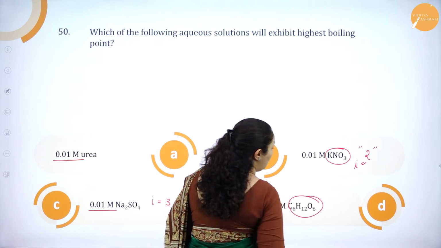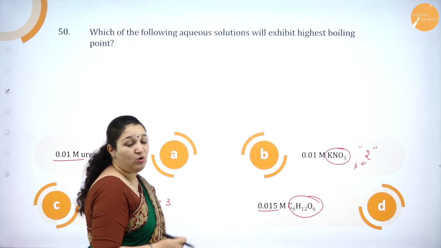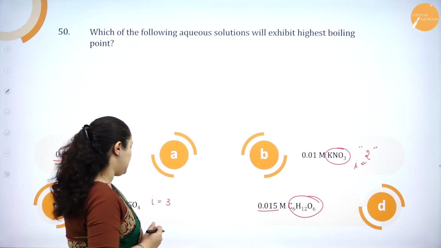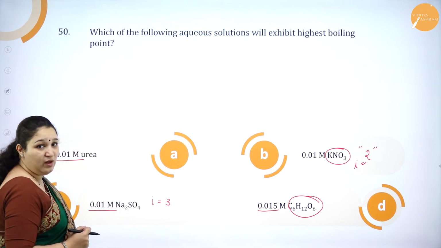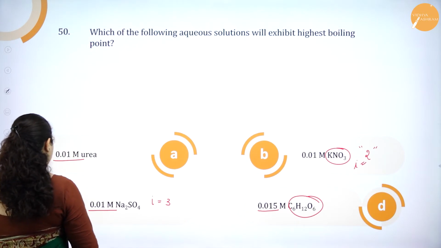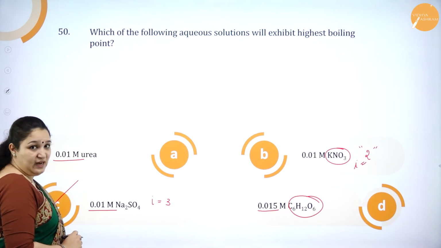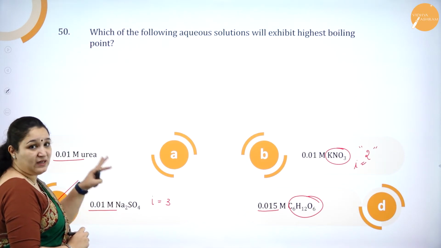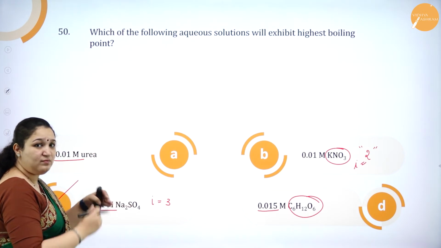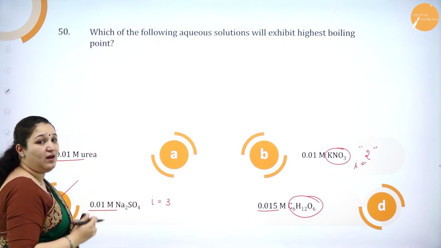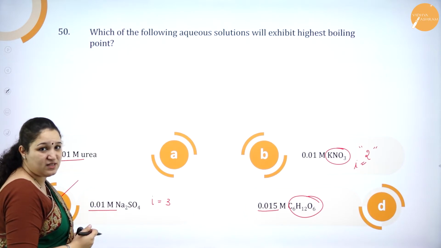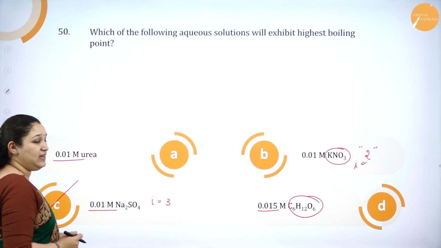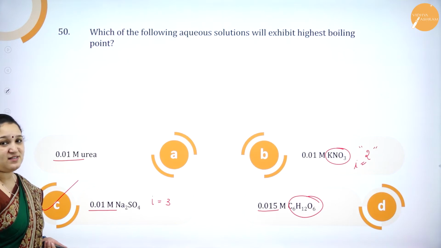This will not undergo dissociation at all. So where the i value is highest, that is for Na2SO4. So option C is the right answer, because the number of particles is more, the boiling point also will be highest. Thus, option C is the correct answer.